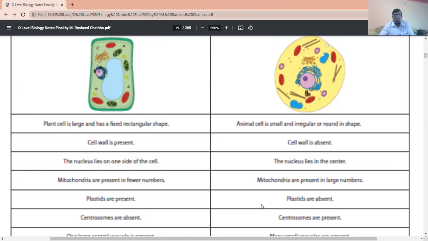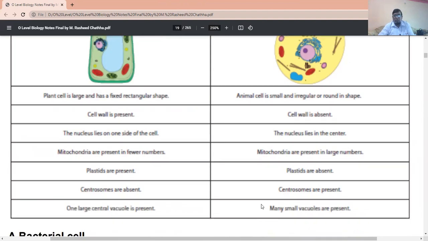Cell wall is present in plant cell, but cell wall is absent in the animal cell. The nucleus lies on one side of the plant cell because of the big vacuole in the center, and the nucleus lies in the center of the animal cell.